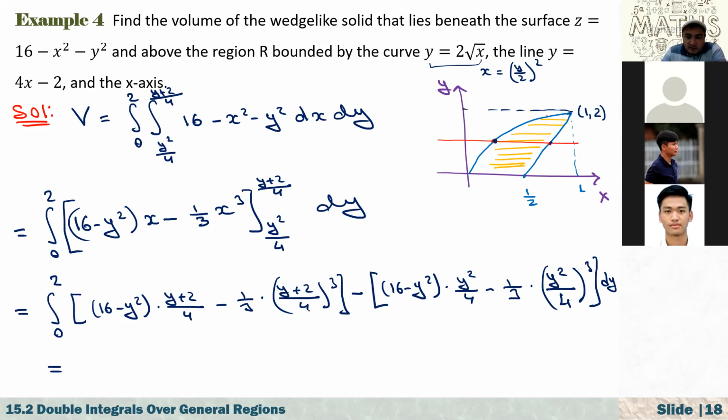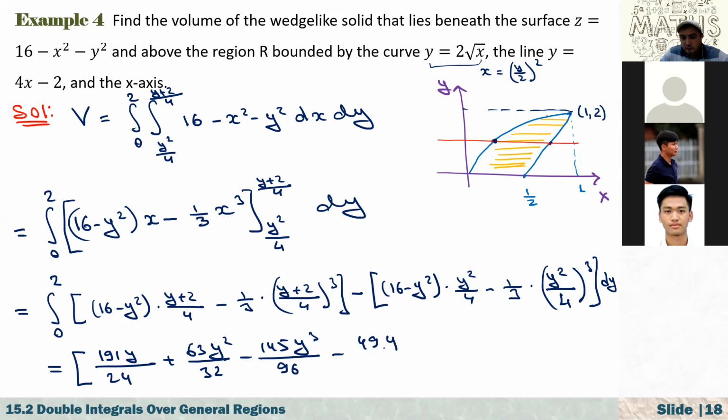Evaluating this integral, after simplifying, we will have the final answer: 191y over 24 plus 63y squared over 32 minus 145y cubed over 96 minus 49y to the power of 4 over 768, plus y to the power of 5 over 20, plus y to the power of 7 over 1344.